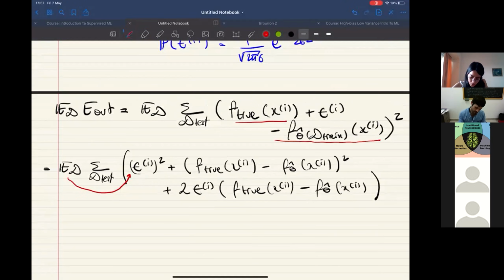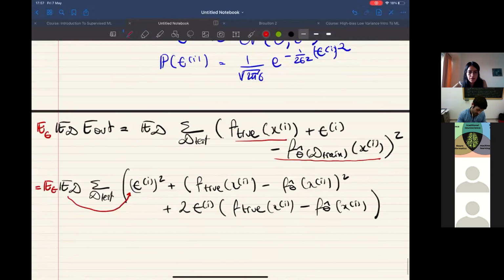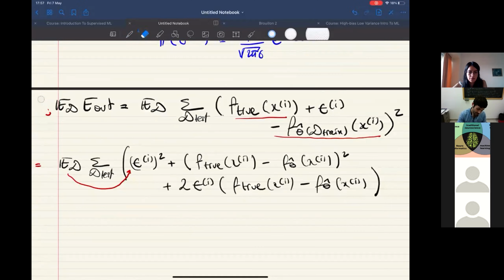Sorry, I forgot to mention that I'm also taking the expectation with respect to the noise. Actually, I don't need this additional notation, because when I say that I average over the data, it means with respect to the distribution of the data, which contains noise. So it is redundant, but it's fine to keep it like this.